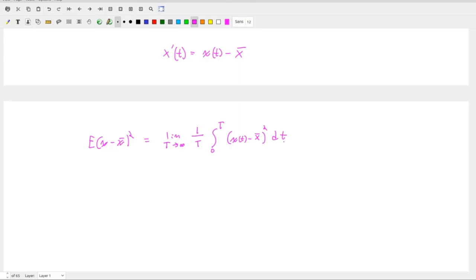So if the signal is 0 and the expected value is 0, then we have a variance of 0. That makes sense.